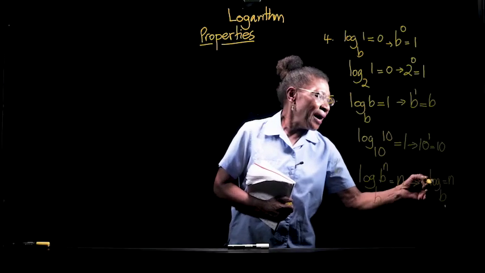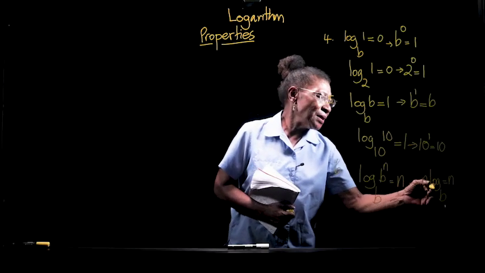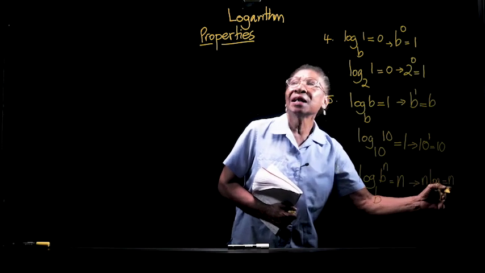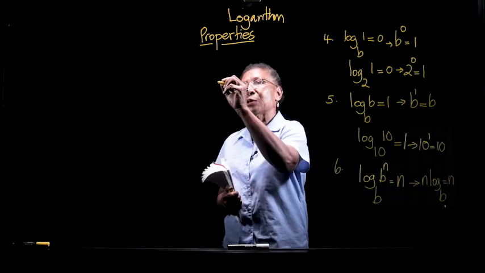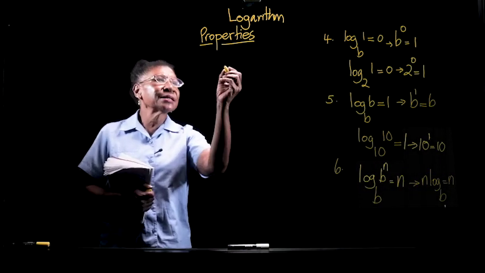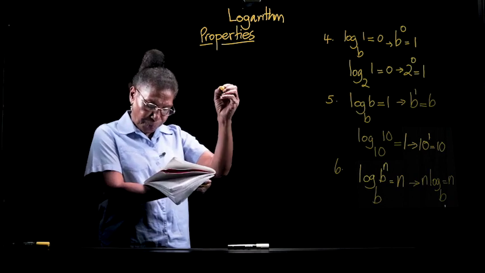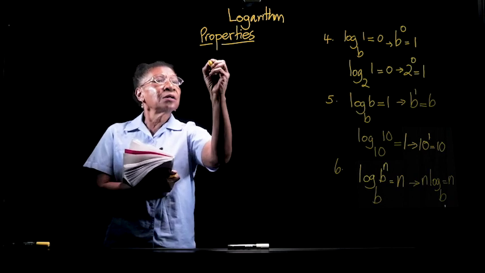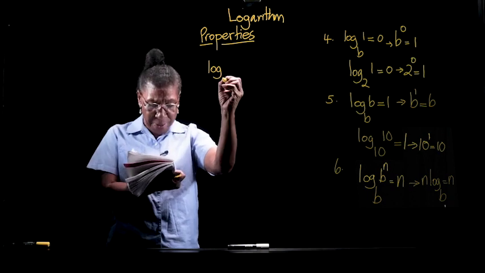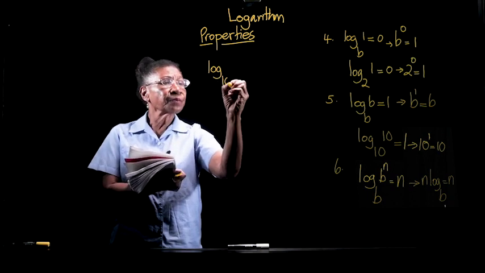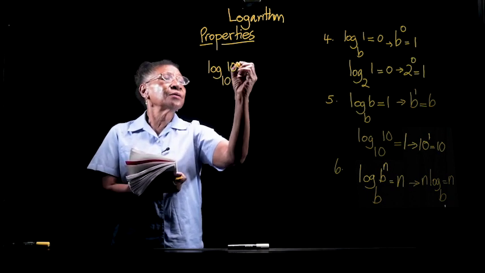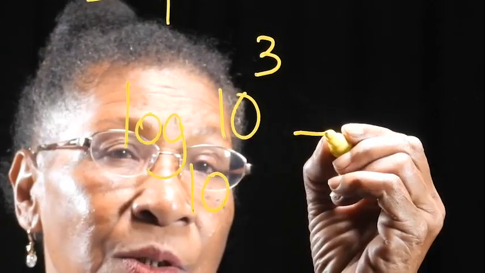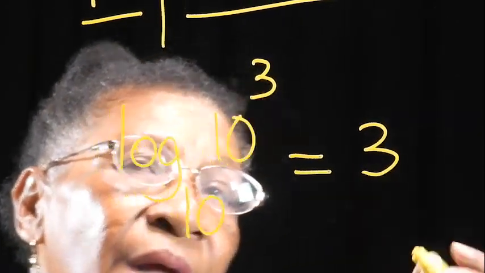Right. If we have n log base b of b is equal to n, let's look at an example here. It would give us log base 10 of 10 to the power of 3 is equal to 3.